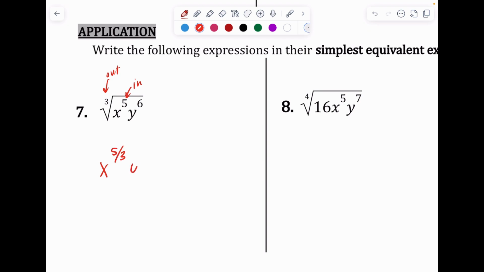My next base is y, in is my exponent, 3 is my root, so it's 6 over 3. And it says simplest equivalent expression, so I know that this would give me a decimal, but 6 divided by 3 is 2. So if I rewrote this, it'd be x to the power of 5 over 3, y to the power of 2.